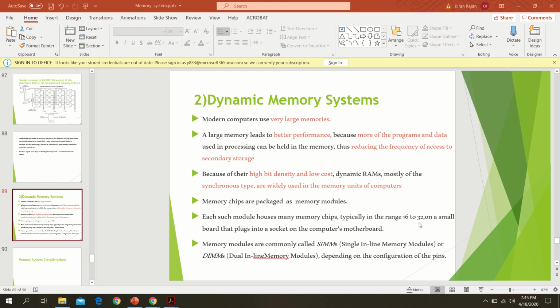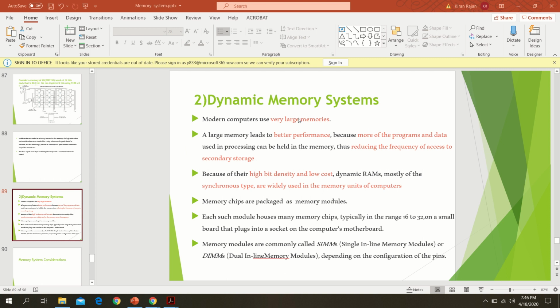Normally the memory chips will vary from 16 to 32, and they will be mounted on a small board, and they are plugged to the motherboard by using appropriate sockets. And the modules are called single inline memory module or dual inline memory module, depending on the configuration of their pins. So here what we discussed is the dynamic memory system, the dynamic type of RAM.